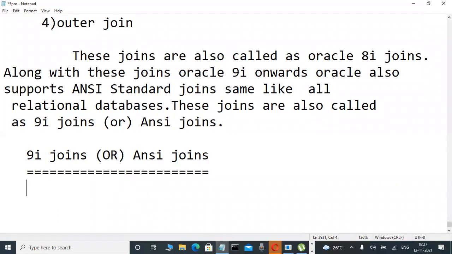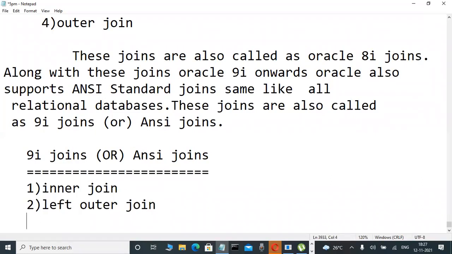Just observe for a minute. What are the 9i joins or ANSI standard joins? Don't write it yet. First one is inner join, a keyword, most powerful. Next is left outer join, or left join. Practically I'll show many examples, then it's easily understandable.